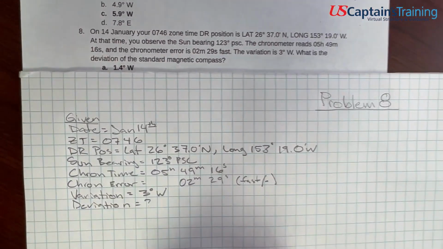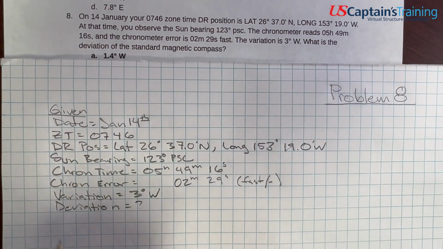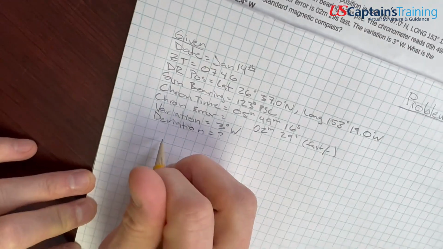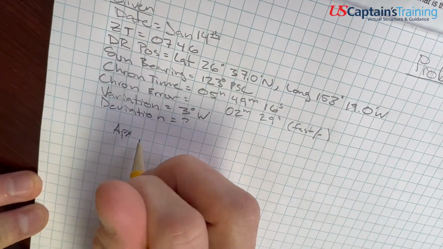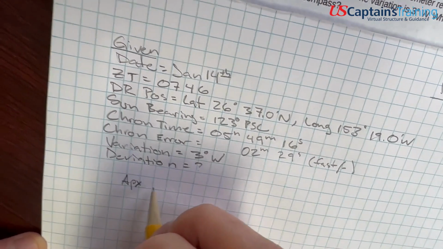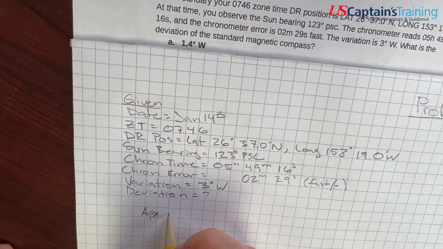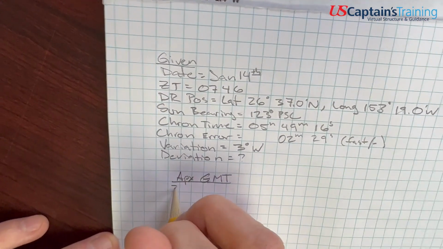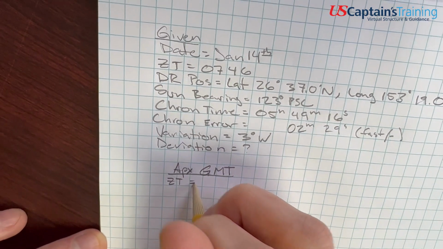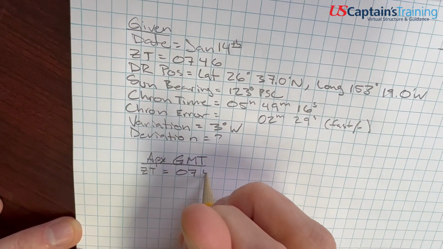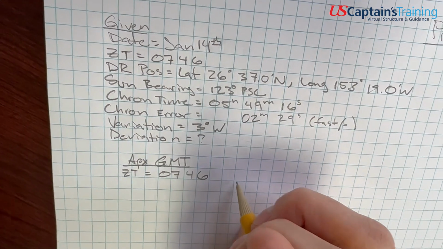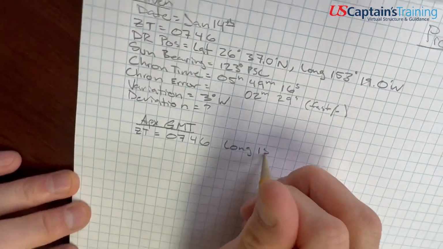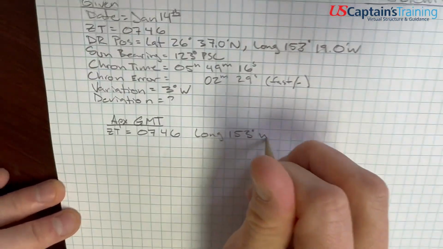What is deviation? We'll start off by getting our approximate GMT, or Greenwich Mean Time. That'll tell us if we're in the right day, and it'll help us take the ambiguity out of the chronometer. So approximate GMT. We start with our zone time, 7:46, and take our longitude, 153 degrees west.